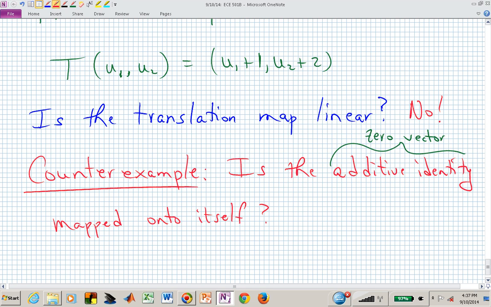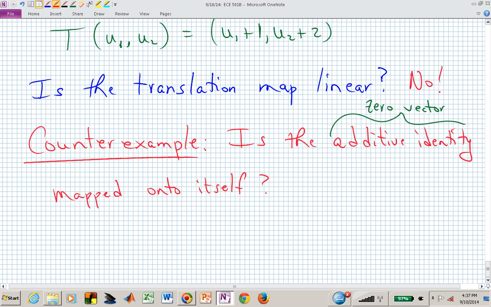And if it's not, then it's not a linear map. So this would be a nice counterexample. You could quickly look at your map in question and say, is it linear? And then you could say, well, okay, it does take the zero vector and map it into the zero vector. Okay, that's not a counterexample. But if it doesn't, then you can say, oh, it's not a linear map.